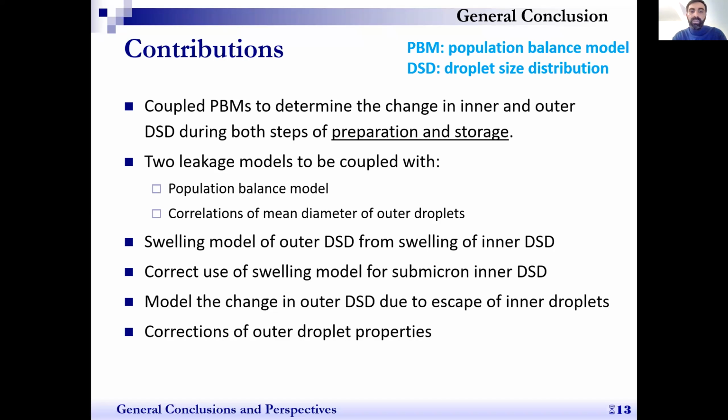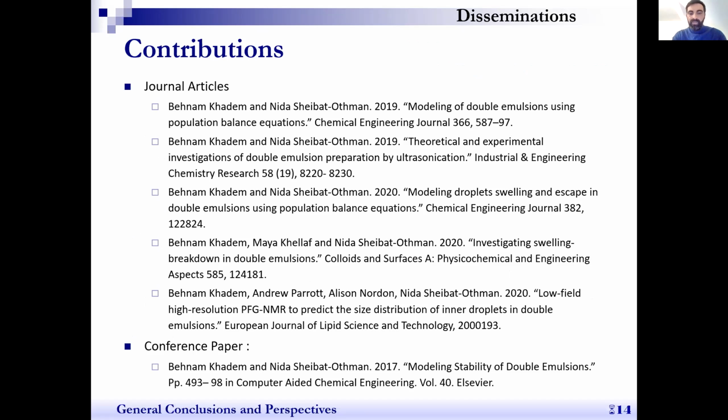And we provided the swelling model for the outer droplets based on the swelling of inner droplets, and also we introduced the correct use of the swelling model for submicron inner droplets, and also we developed a model to follow the change in the outer droplets due to the escape of inner droplets, and also we introduced the correct use of outer droplet properties. All the work that was presented here, each part was published in different articles, and they are available here.